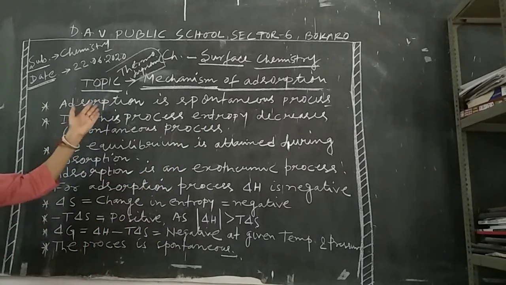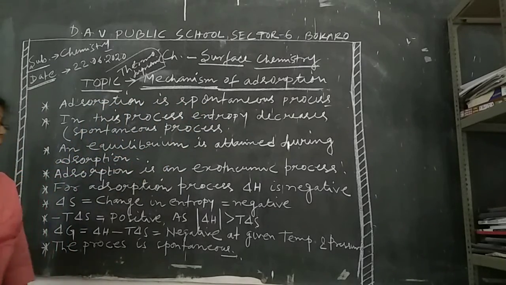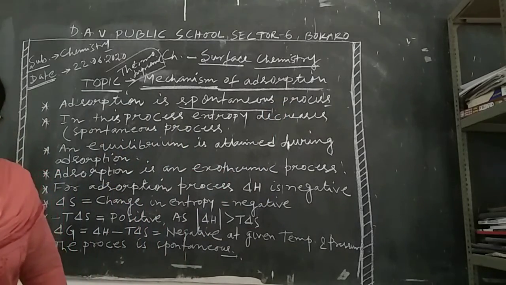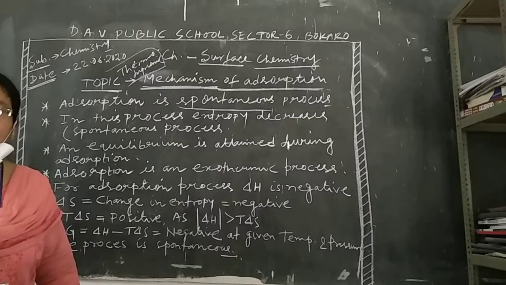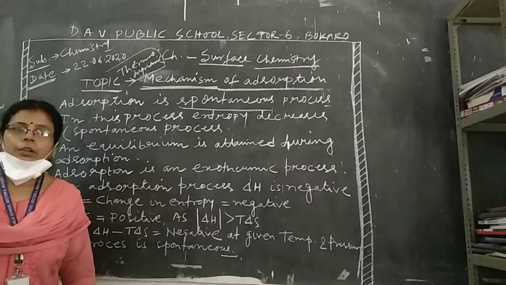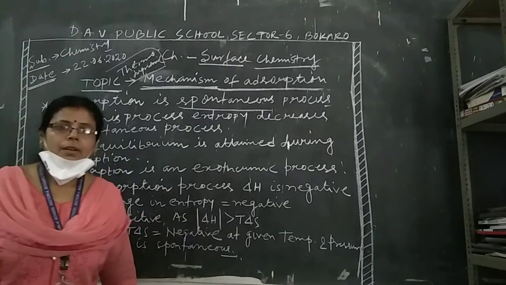First point I have written here: adsorption is a spontaneous process. A spontaneous process depends upon the del G value, that is, the change of Gibbs free energy. If I explain on the basis of thermodynamics, what is a spontaneous process?